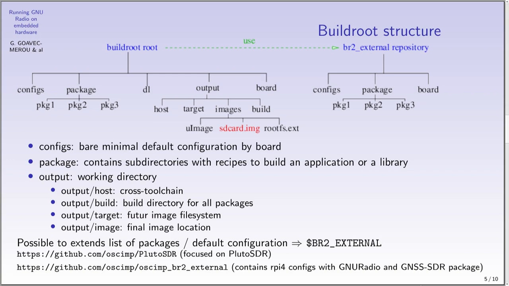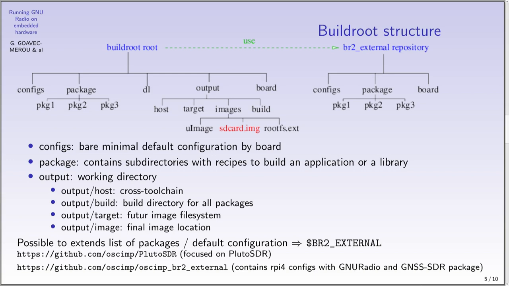There are two examples. The first one, Pluto SDR, is focused on Pluto SDR and provides every tool needed to use this. It's the same approach as the official Analog Devices repository, but easier to maintain.